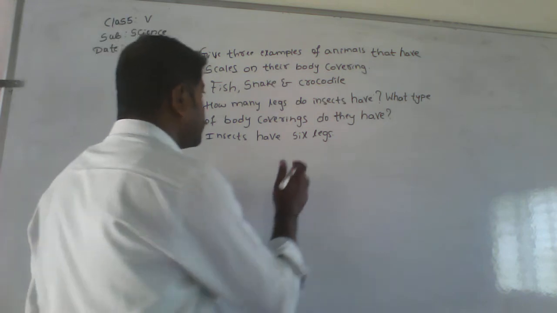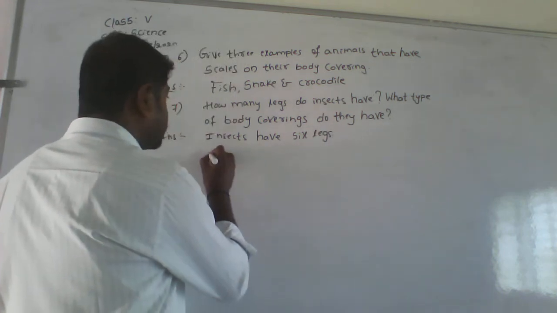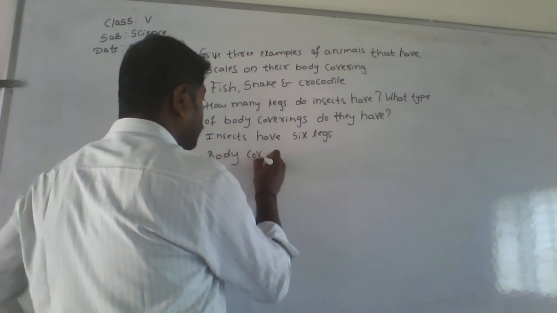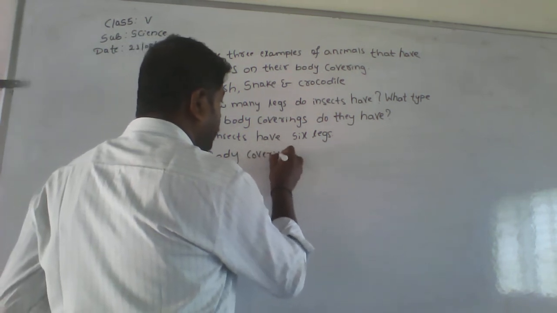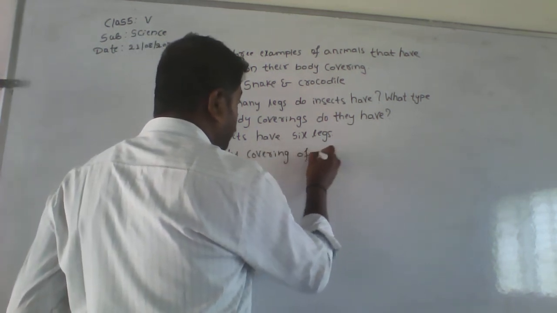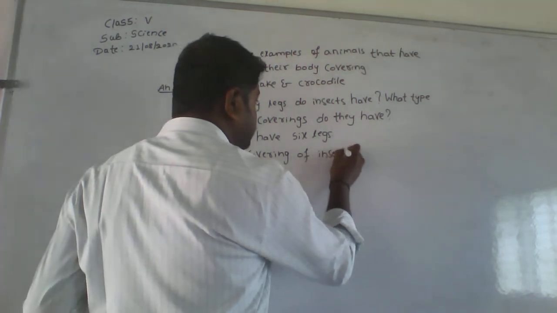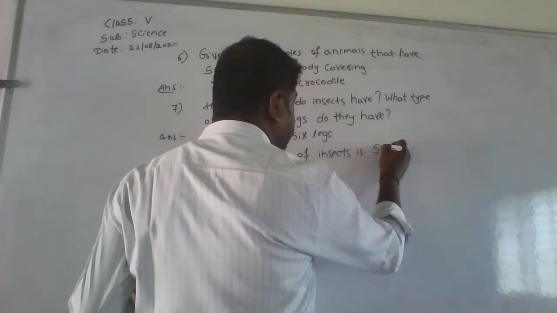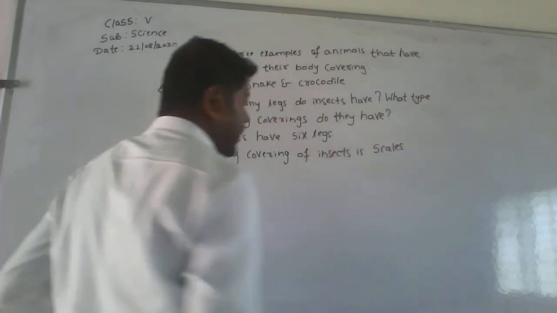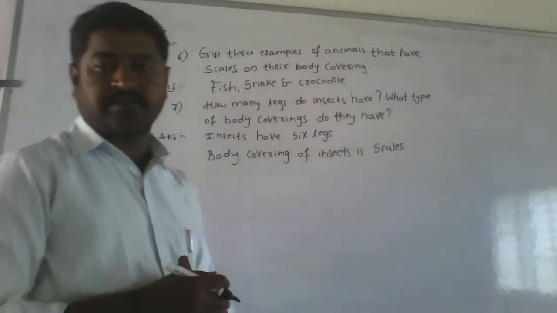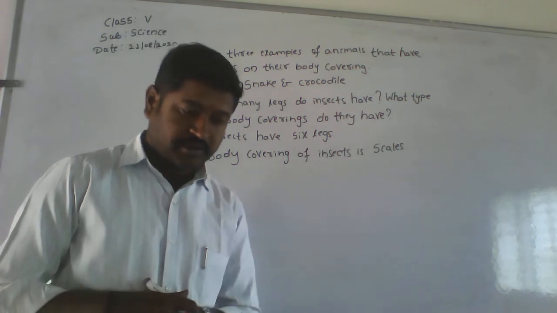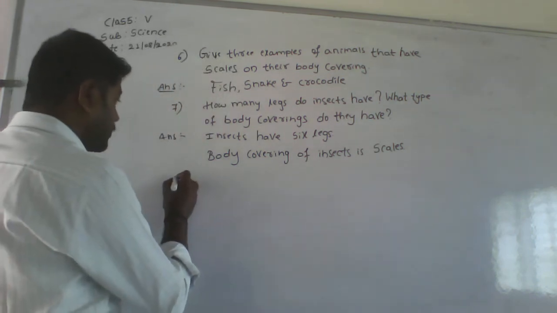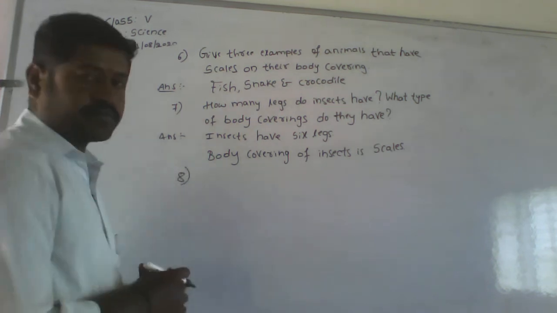So here, body covering of insects is scales, because they are having scales on their wings. This is clear. Then next we will be moving to question number 8.